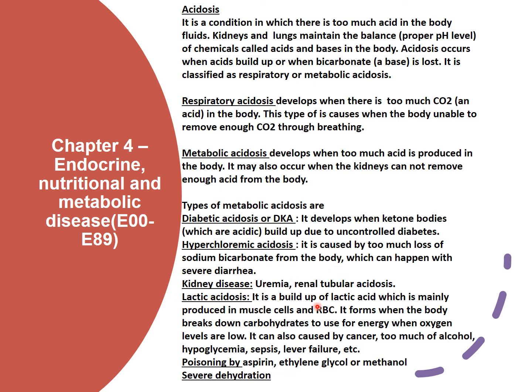Lactic acidosis is a buildup of lactic acid, which is mainly produced in muscle cells and RBCs. It forms when the body breaks down carbohydrates to use for energy when oxygen levels are low. It can also be caused by cancer, too much alcohol, hypoglycemia, sepsis, liver failure, etc. Poisoning by drugs like aspirin, ethylene glycol, methanol, and severe dehydration would also cause metabolic acidosis.